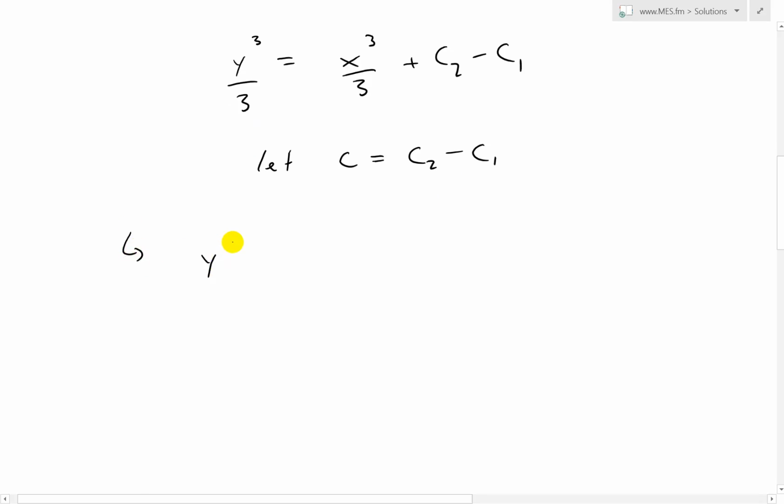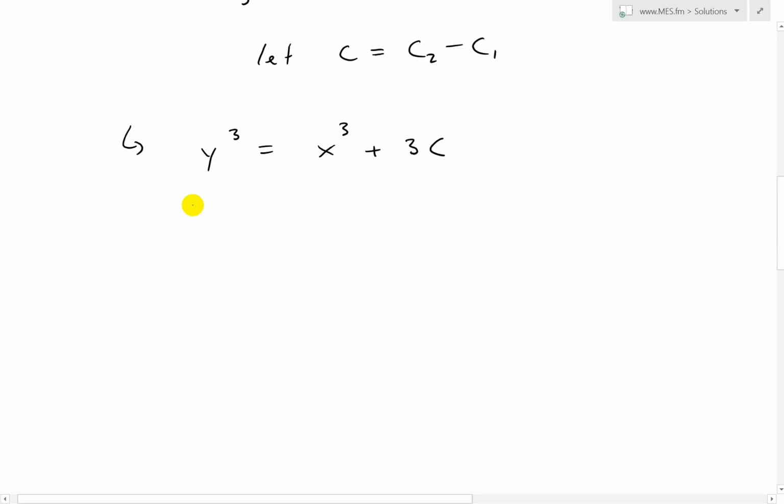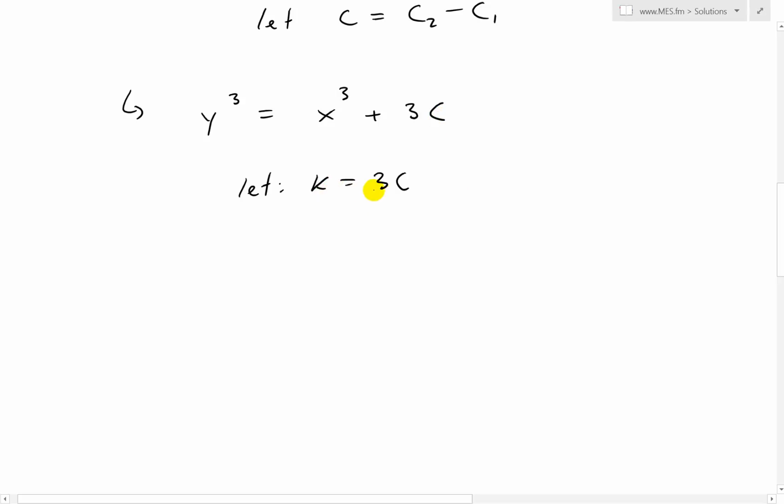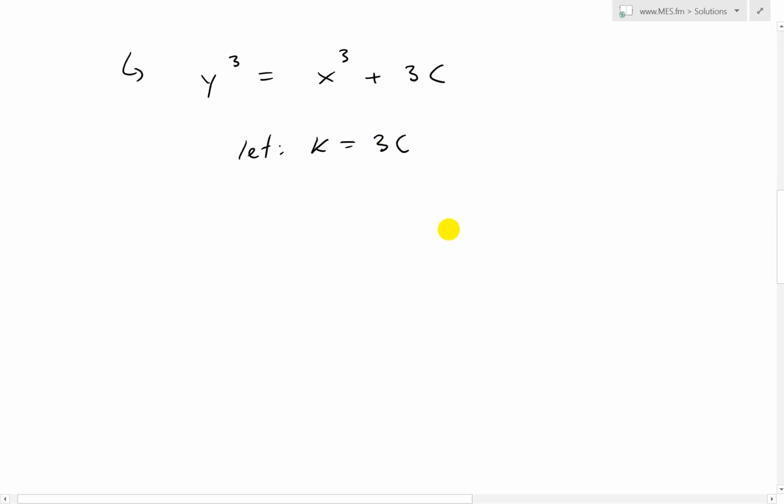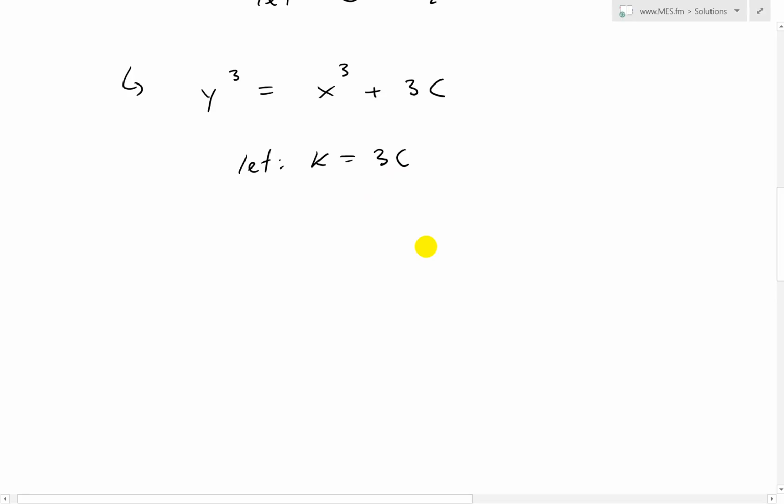What we end up having is y cubed equals x cubed plus 3c, because we're multiplying everything by 3. And let's just let k equal 3c, because if c is an arbitrary constant, 3c is also an arbitrary constant, just 3 times another constant, still a constant.